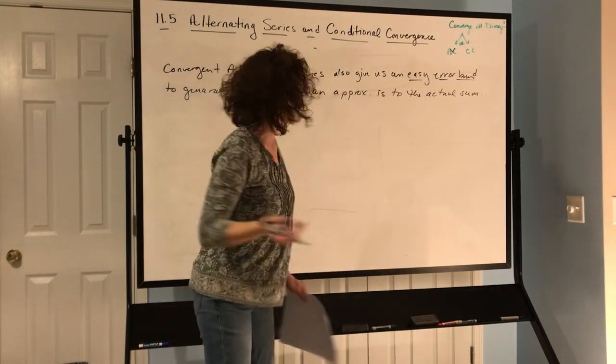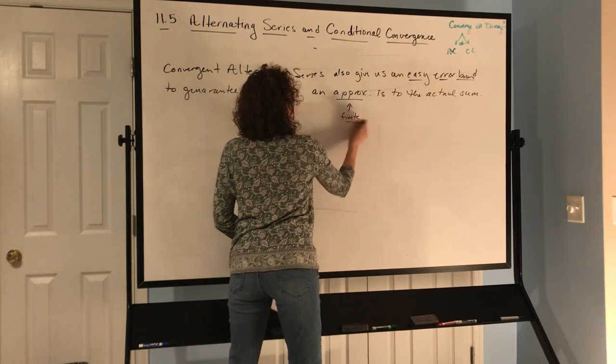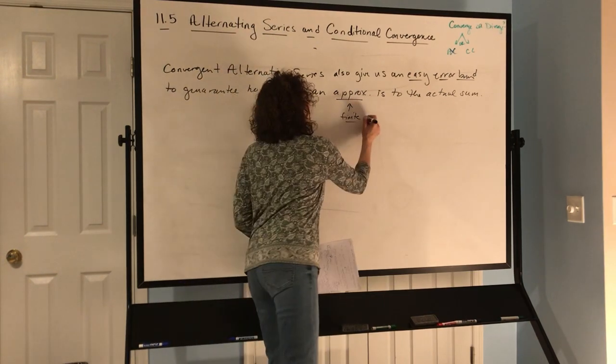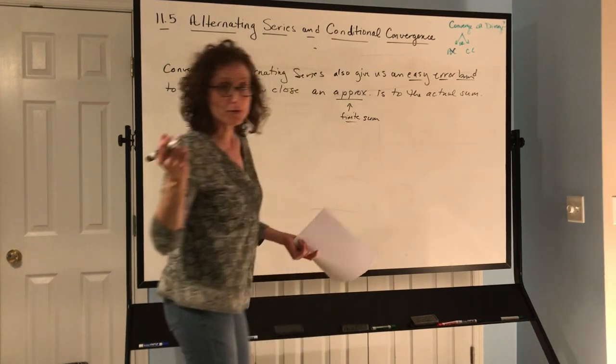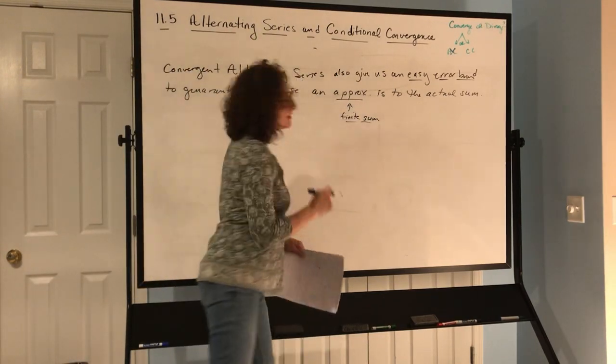That's what an error bound does. What's an approximation? It's a finite sum. You can't add all infinitely many terms. It's only for geometric series that we have those nice little formulas. So an approximation is a finite sum.